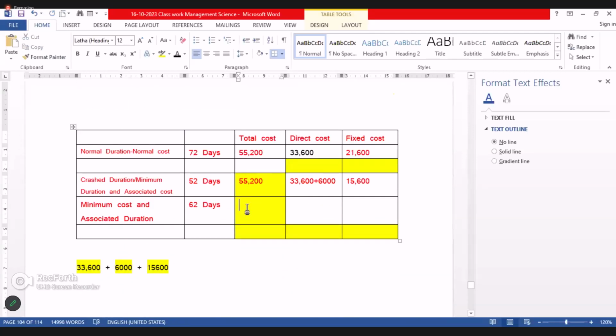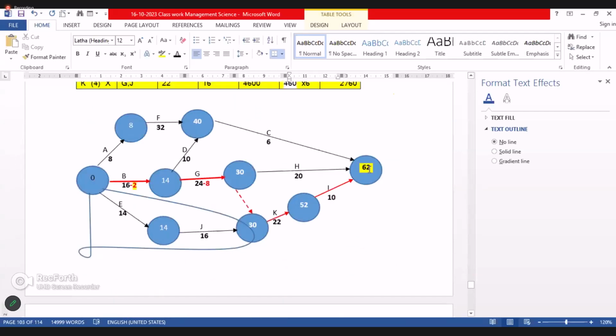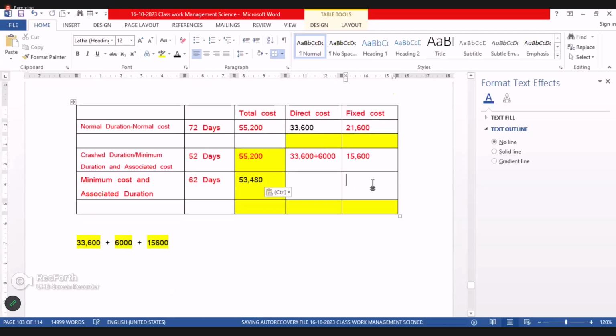Okay. What is the direct cost? The fixed cost, how much? 62 days. Okay. 62 into 300 is 18,600.